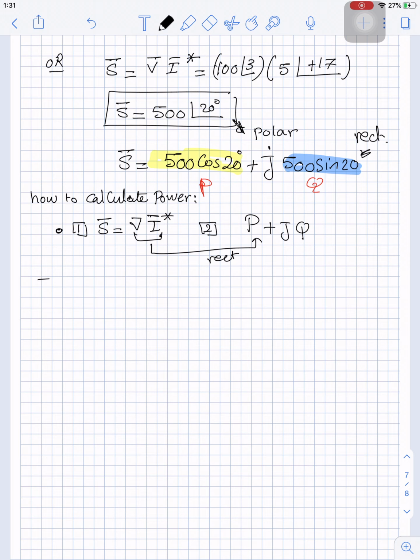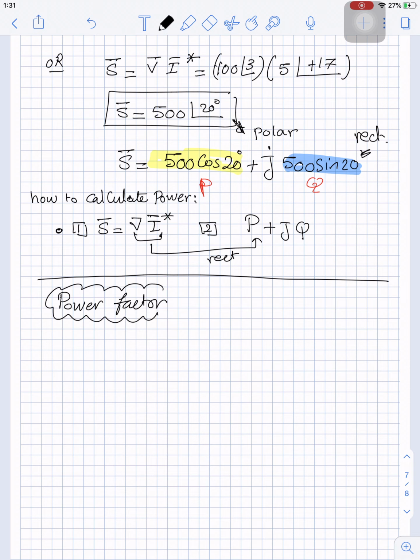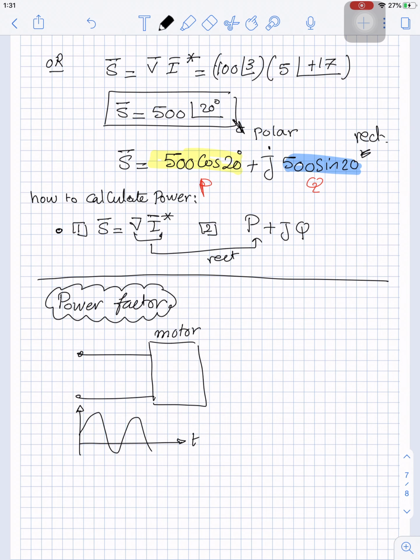Now let's define power factor. If you have a motor here and you are observing the power going into this motor versus time, you will see something like this.